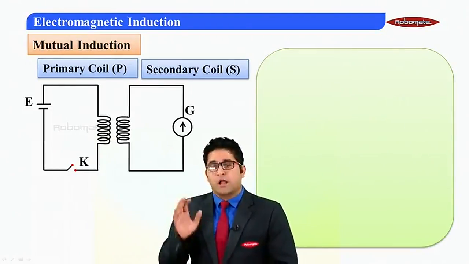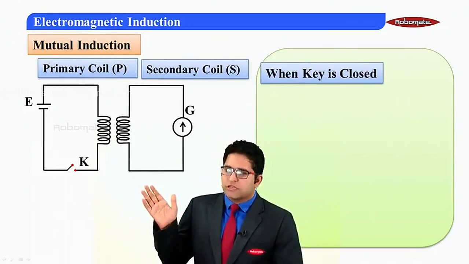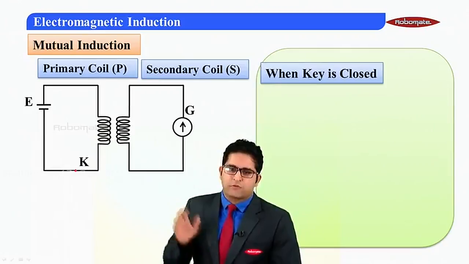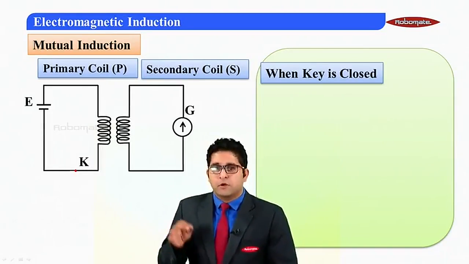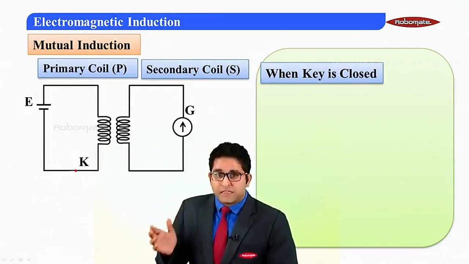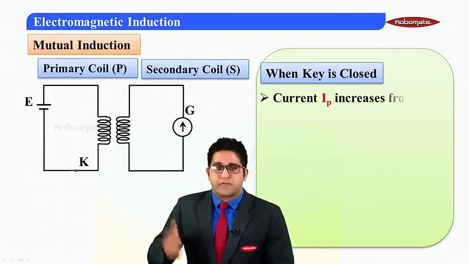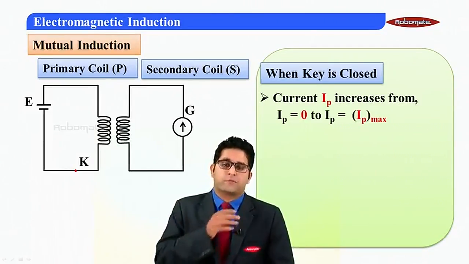Now let us move further. Now when key is closed, see the primary side. Now I'll be closing the key, see carefully. Here we have closed the key. Once we have closed the key, what will happen in that circuit? I can say current will increase from 0 to its maximum value, right? So that means IP is changing from 0 to IP max.